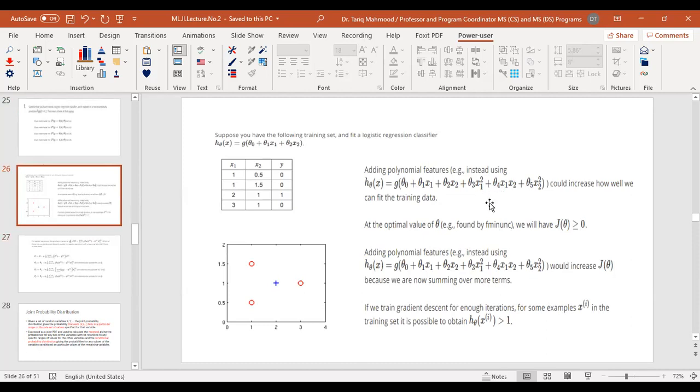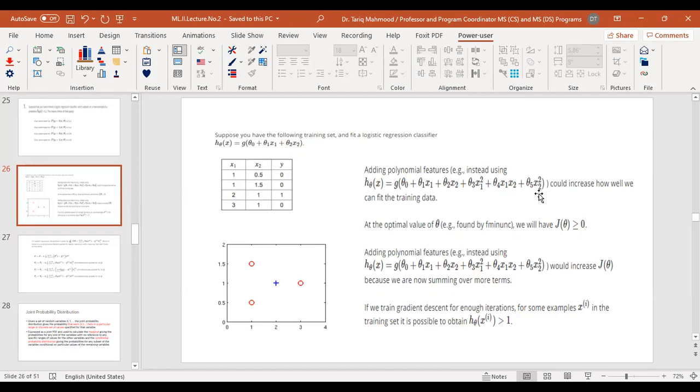We have regression to do, but I can have polynomial regression in which I can increase the order of the equation, like cubic equation, quadratic equation, or fourth level power equation.